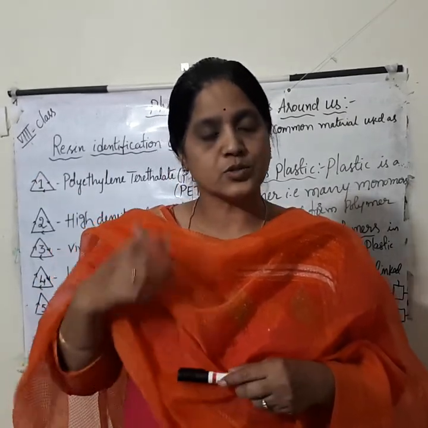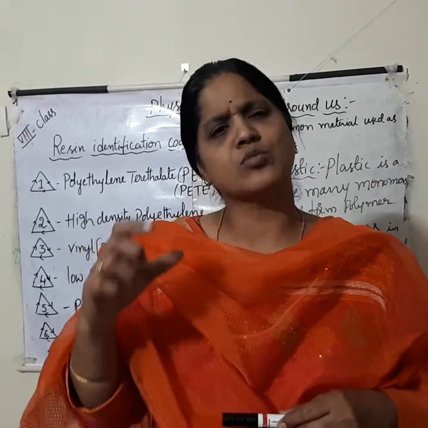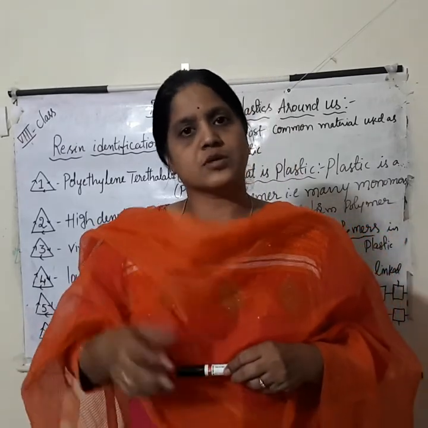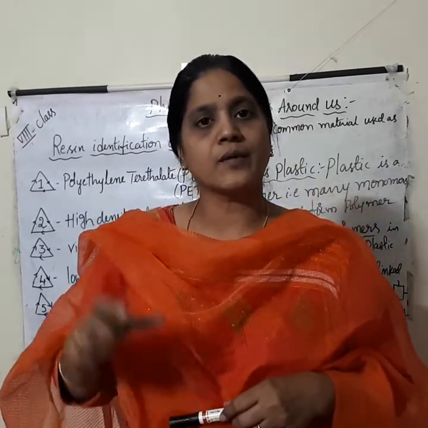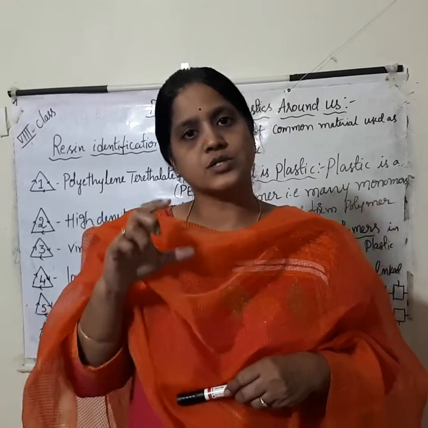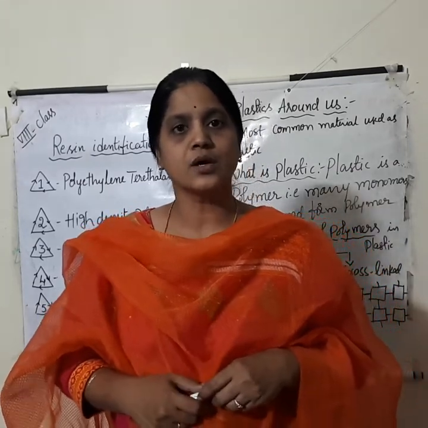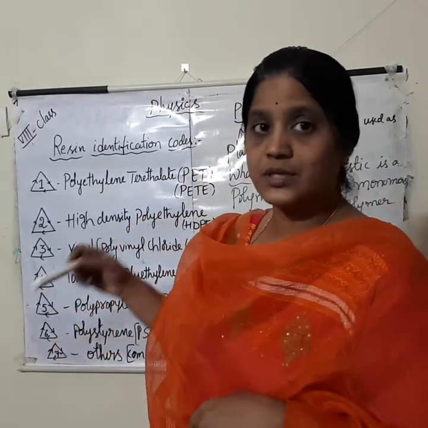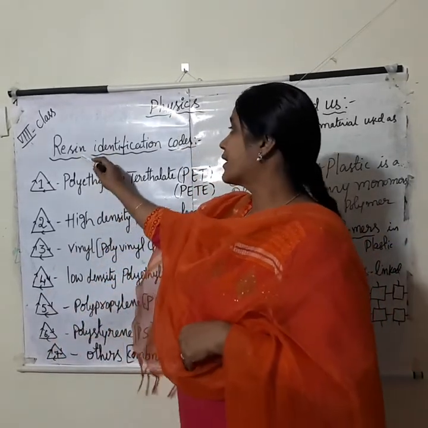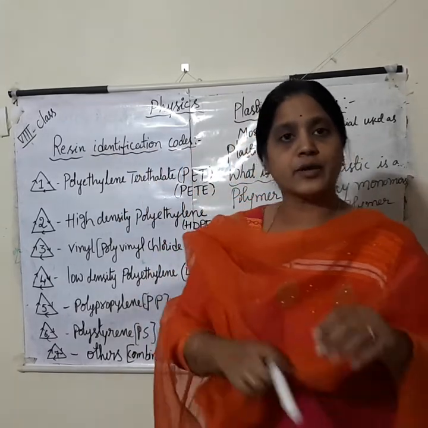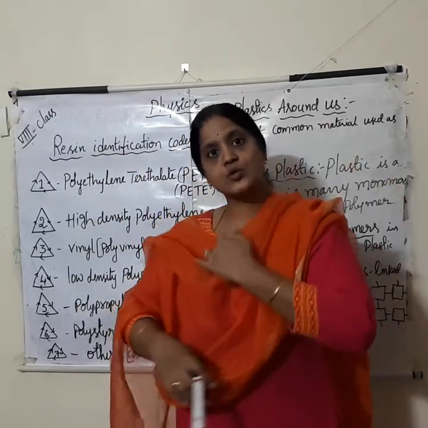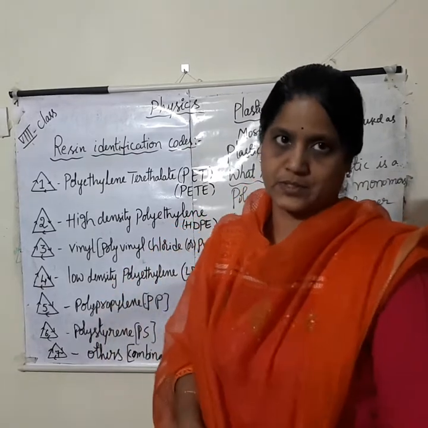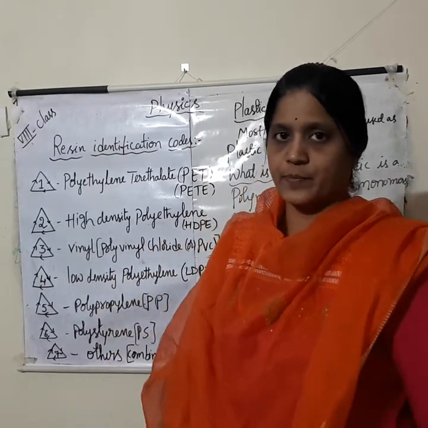That's why most items are given the codes of each plastic item. They are given from 1 to 7. These codes are called resin identification codes, and by using them we can do recycling.